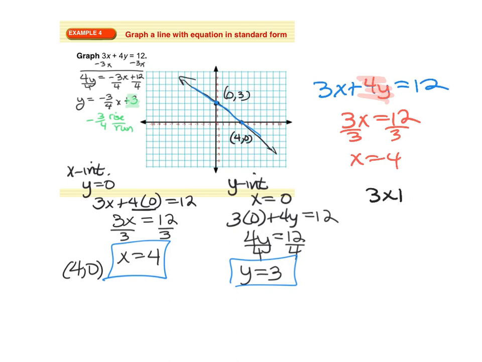Or take the original one, and let's say you want to get the y-intercept. So you cover up x. If I cover up x, solve what remains, 4y equals 12, and y equals 3. Again, on the y-axis, put a point on 3. On the x-axis, put a point on 4, and connect them. So two different techniques for finding intercepts. That's another technique that you can use to graph something in standard form.